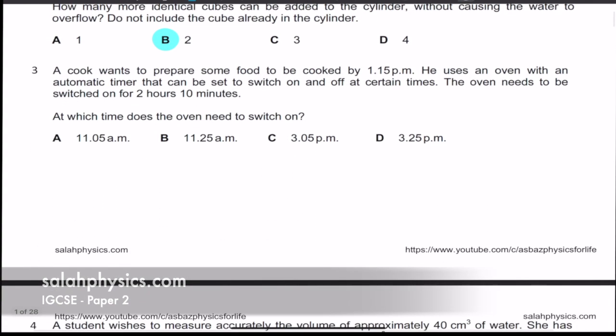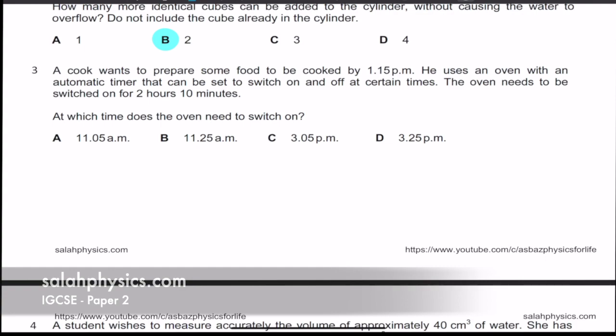In question 3, a cook wants to prepare some food to be cooked by 1:15 p.m. He uses an oven with an automatic timer that can be set to switch on and off at certain times. The oven needs to be switched on for 2 hours, 10 minutes. This time is going to be enough to cook the food.